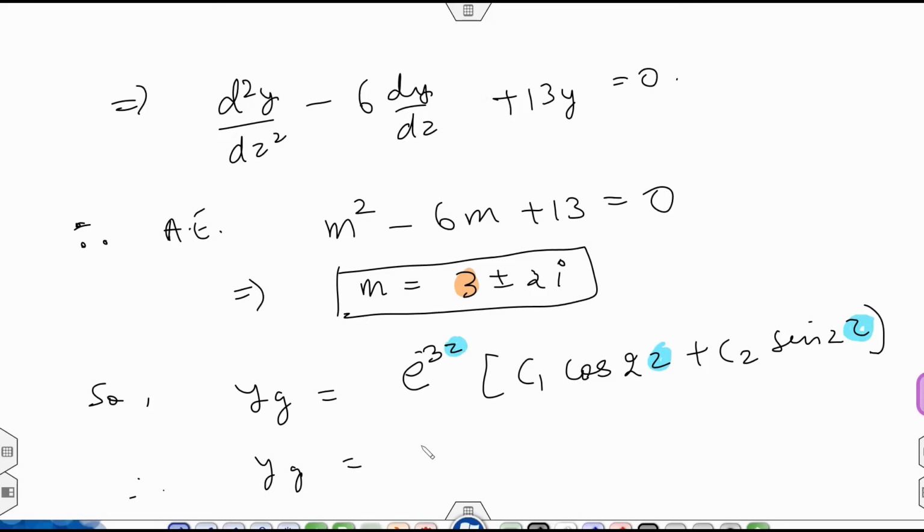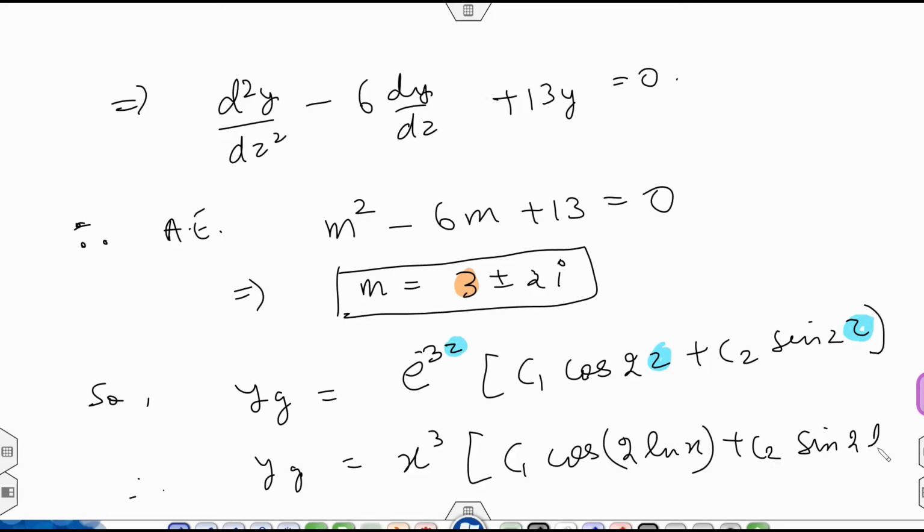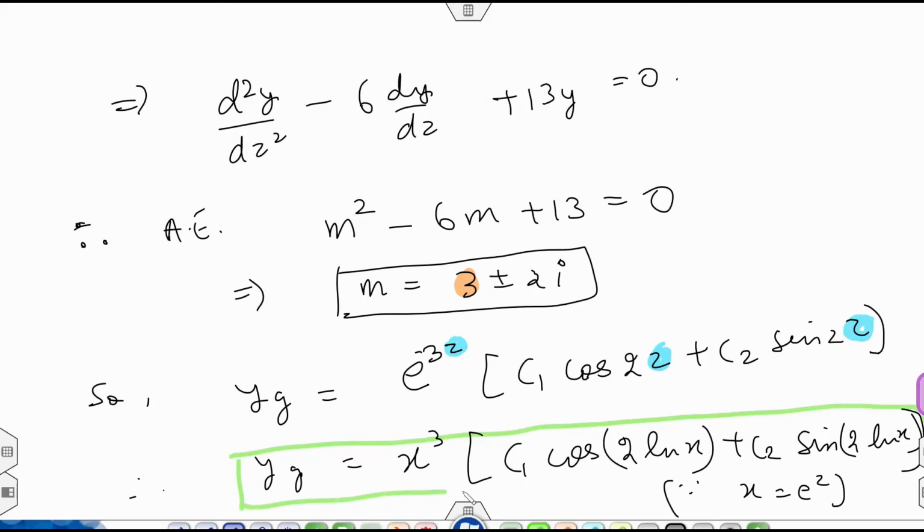Since my x was e to the power z, I make the substitution and write down the final answer. So this will be your final answer for the differential equation.